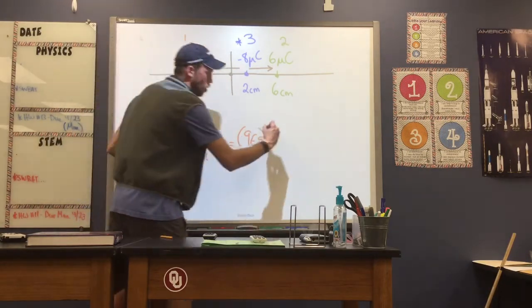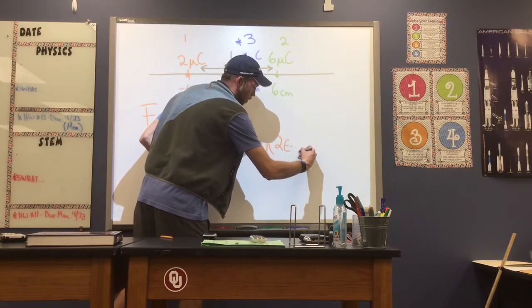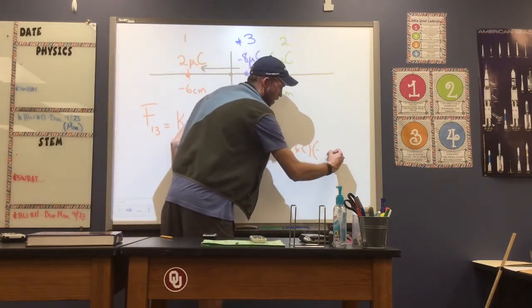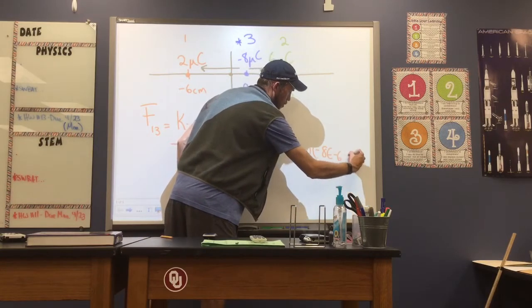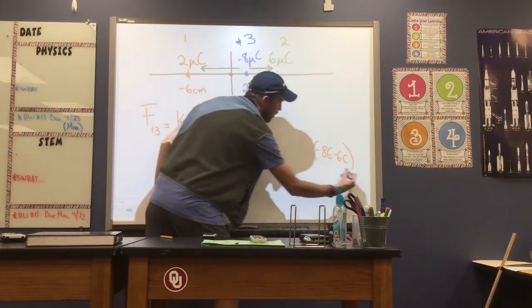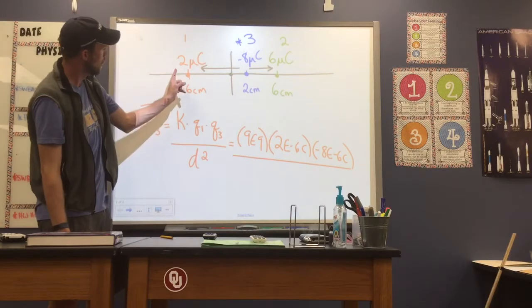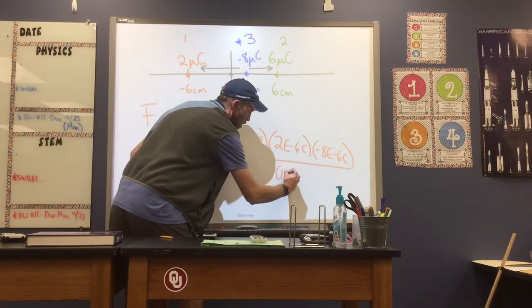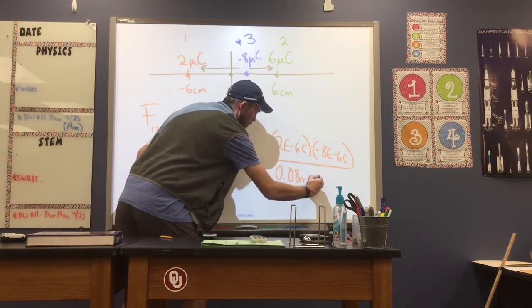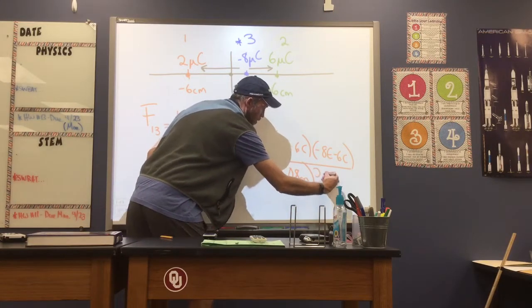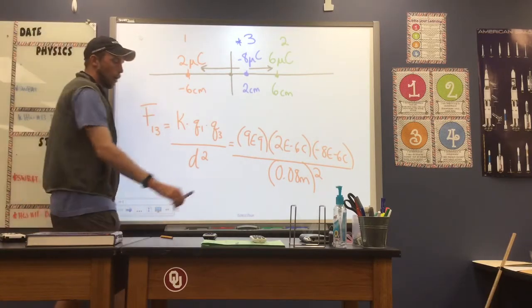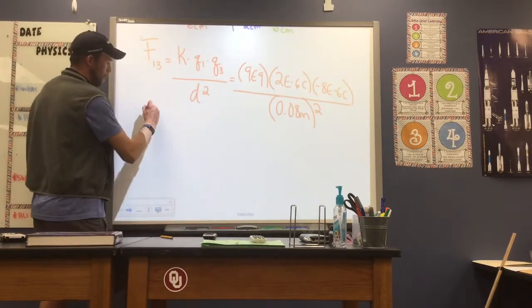Q1, our first charge, is 2 microcoulombs, so don't forget to convert, 2e to the negative 6. Q3 is negative 8e to the negative 6 coulombs, and we divide by the distance between particles squared. So 6 centimeters back to the origin, plus 2 is 8 centimeters, or 0.08 meters. That is d squared. All we're doing is plugging in the variables that we know to solve for our electrostatic or Coulomb force.